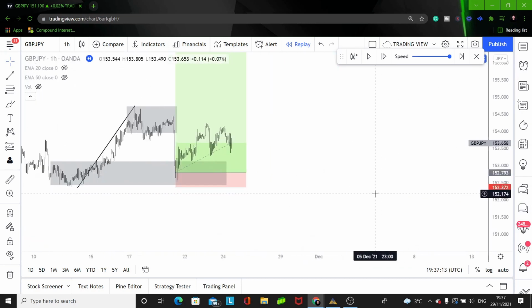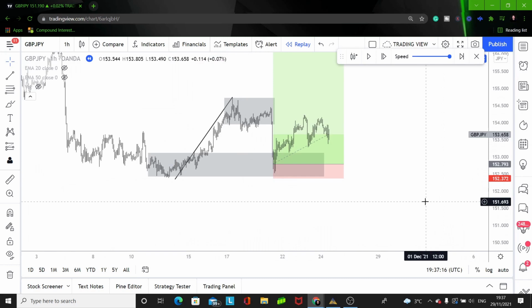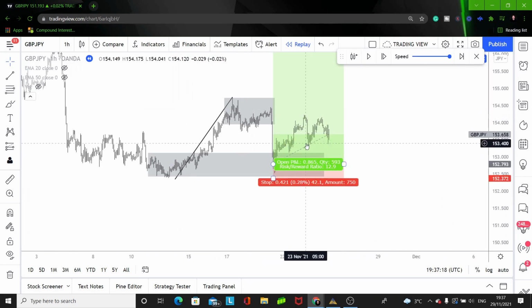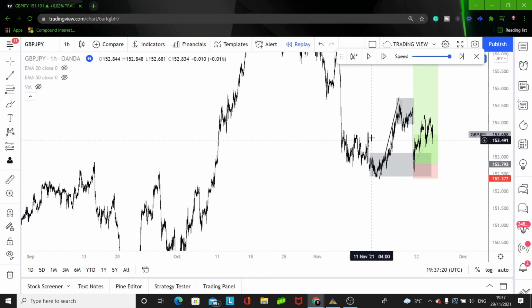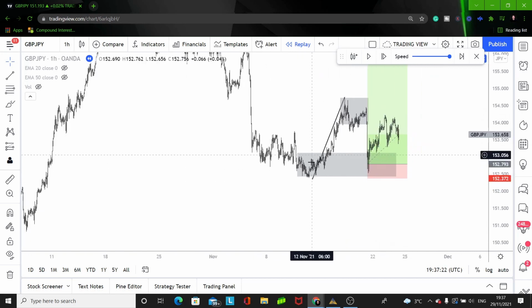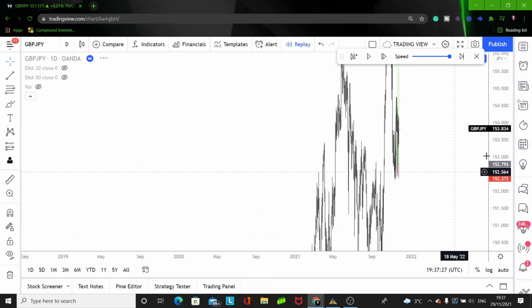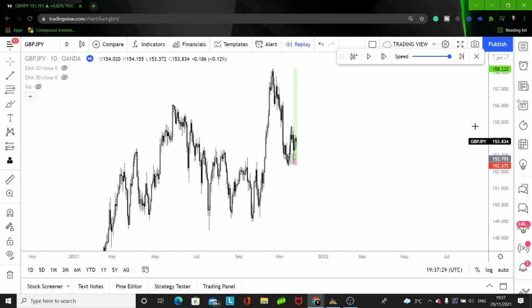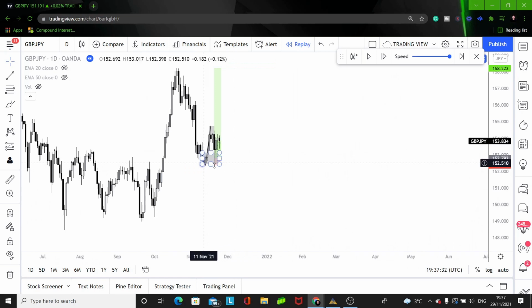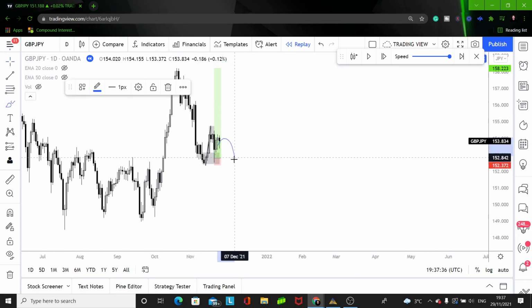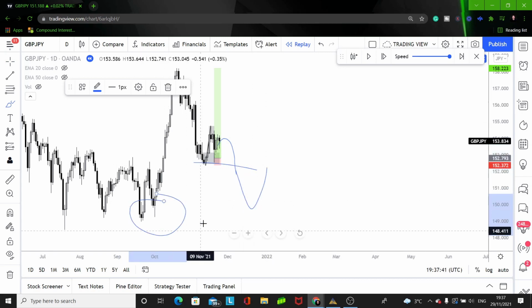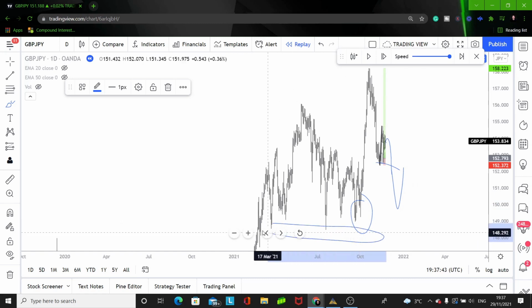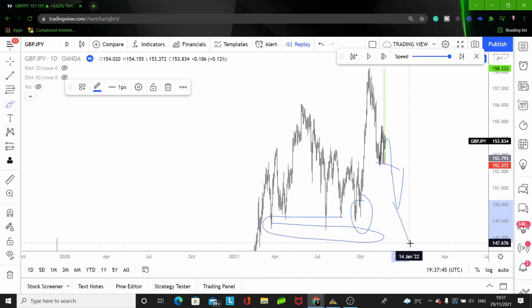But the trouble comes when you don't appreciate that the market's fractal. Like I said, this on a 1 hour is a demand zone, but when we start moving out to higher time frames, it starts to become pretty irrelevant. So don't be surprised if we see a liquidation of that level and a move all the way down to a different level, an area of high liquidity on a higher time frame.